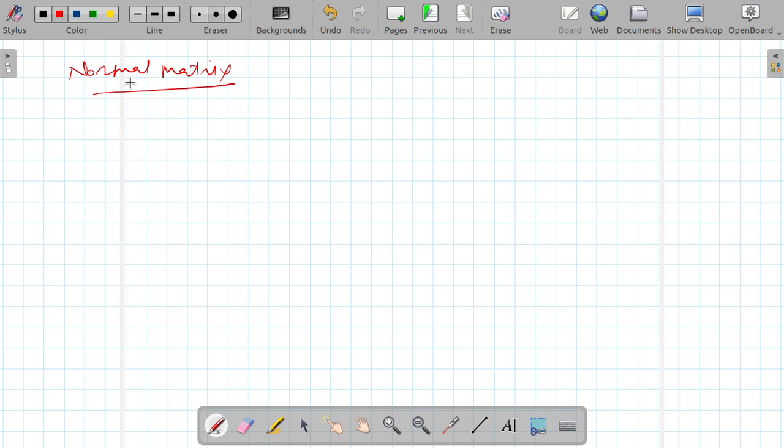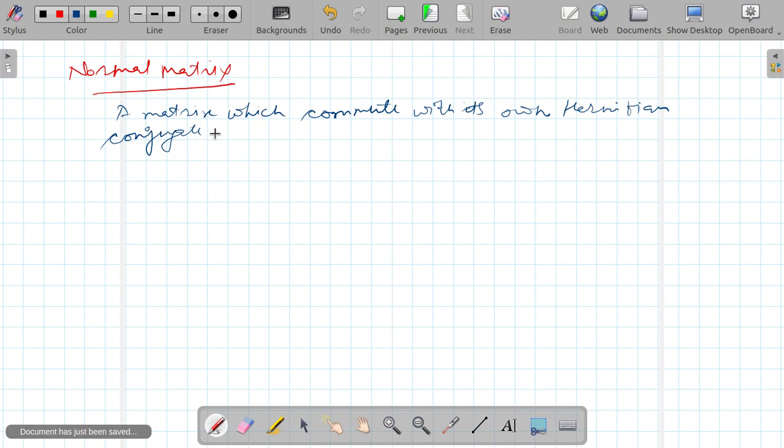A matrix which commutes with its own Hermitian conjugate is said to be a normal matrix.